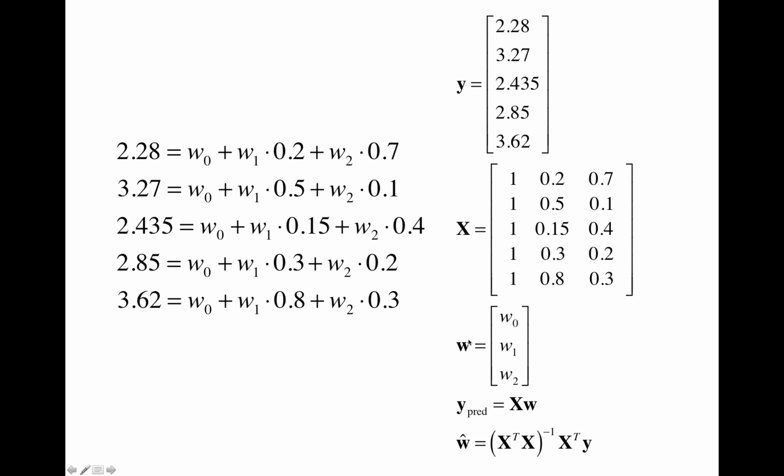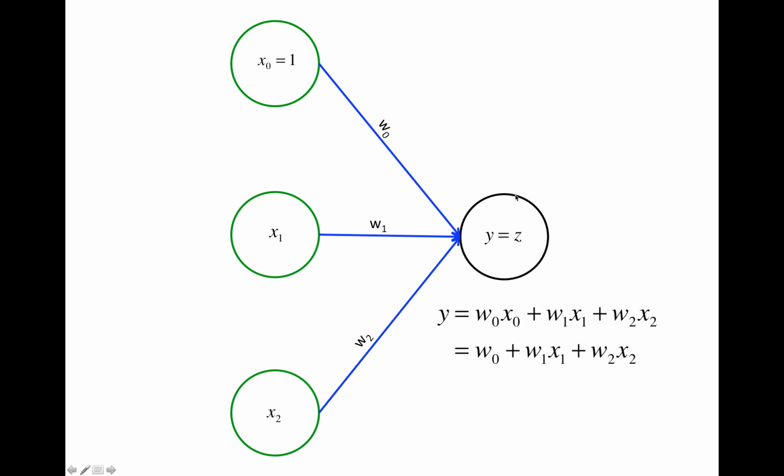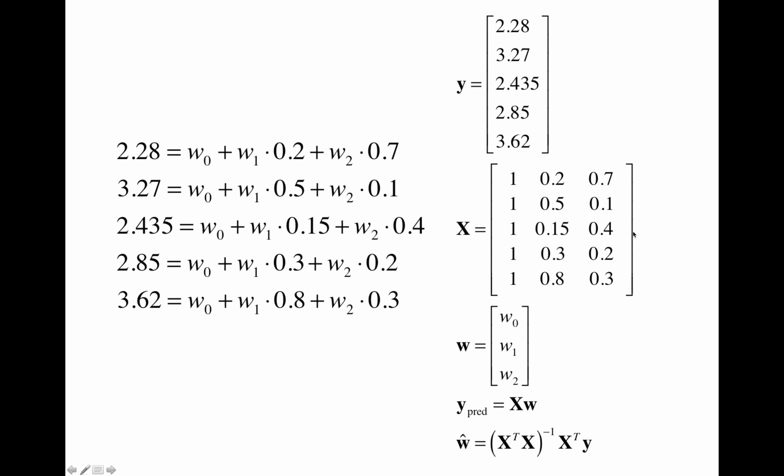This matrix representation actually represents 5 runs of this single neural network, every time with a different set of x1 and x2, and every time it produces one different ground truth.